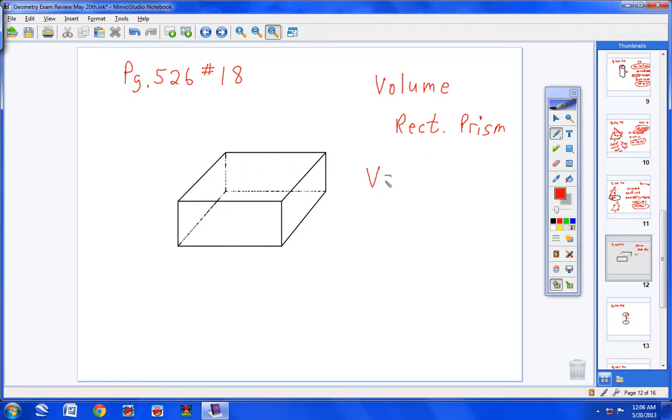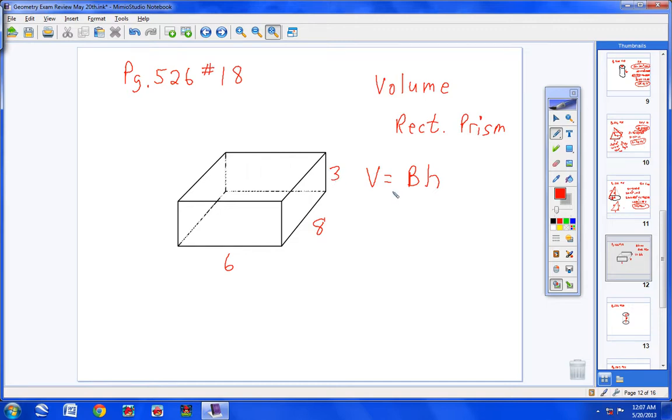The volume equals area of base, that's what capital B stands for, times the height. That's it. Area of base times the height. Now, I'm not sure why I forgot the numbers. Let me write those on very quickly. This is a 6, and this is an 8, and this over here is a 3.